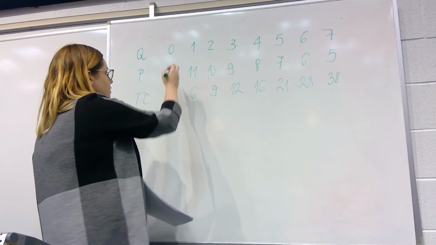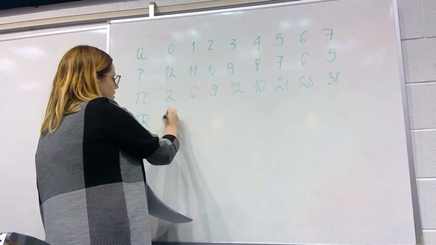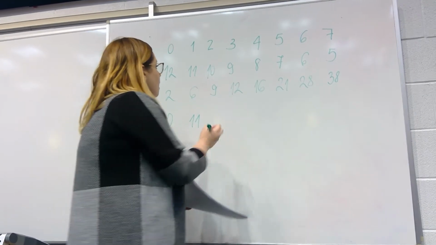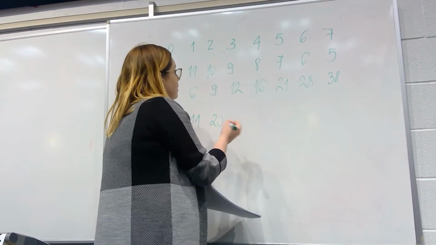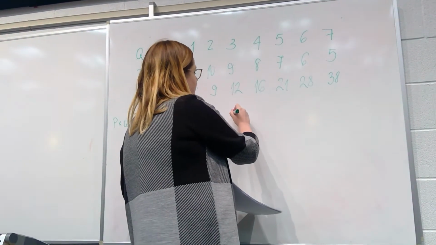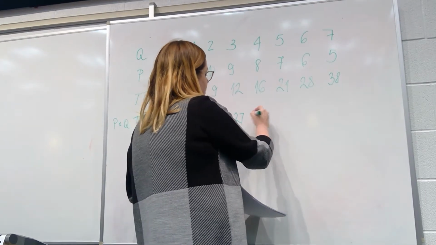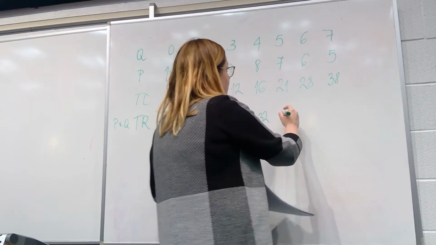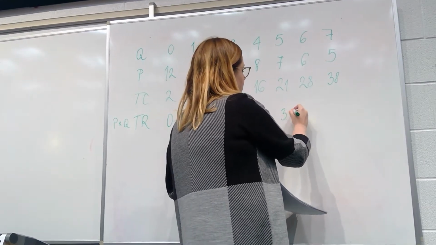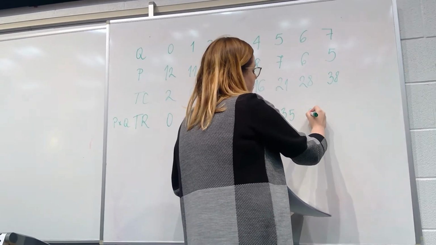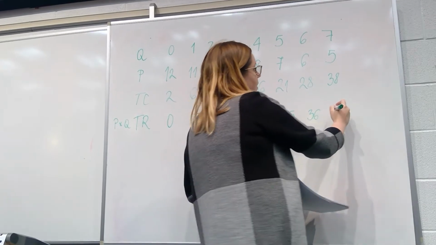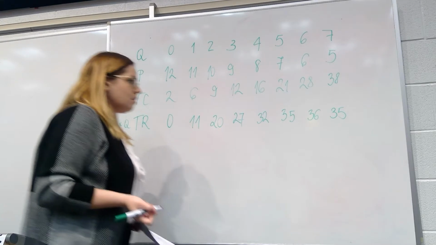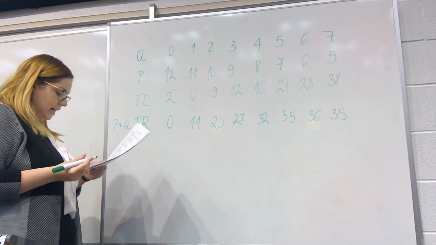So 12 times 0 is 0, 11 times 1 is 11, 10 times 2 is 20, 9 times 3 is 27, 8 times 4 would be 32, 7 times 5 would be 35, 6 times 6 would be 36, and finally 5 times 7 would be 35. So these are our total revenues.